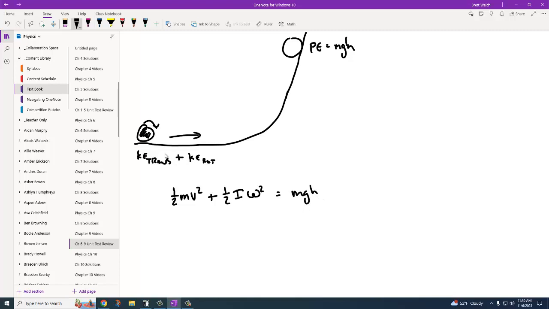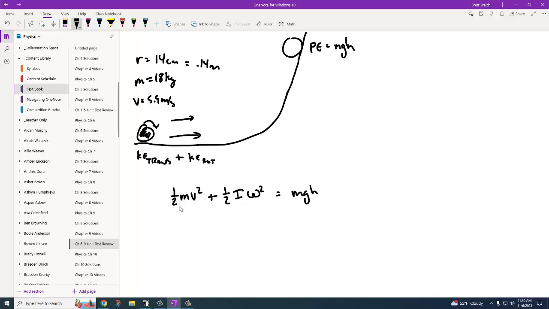Now, you're given some information. The velocity is 5.9 meters per second. That's the translational speed, not the rotational speed. You're given a mass of 18 kilograms and a radius of 14 centimeters, or 0.14 meters, if you would.